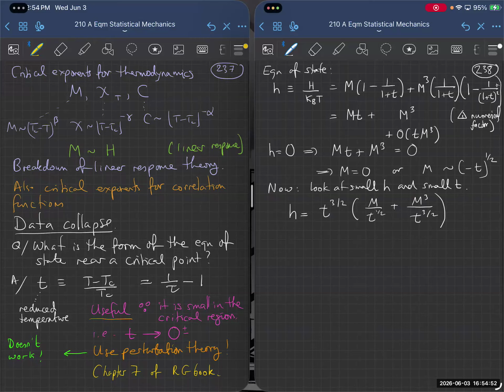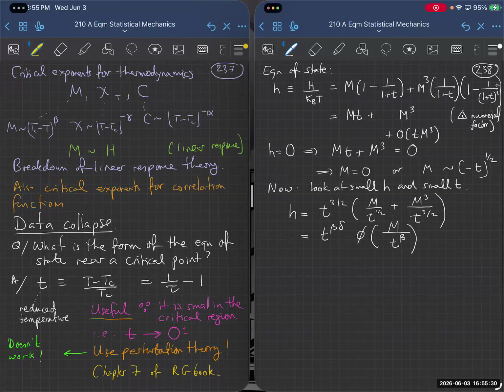Okay, so if you multiply it out, look at the cubic term, the t to the 3/2 cancel. If you look at the term proportional to m, the t to the 3/2 divided by t to the half just gives you t. So I haven't done anything. I've just done a very clever multiplication, and so then I can say that this is of the form t to the beta delta times some function of m over t to the beta, like so.